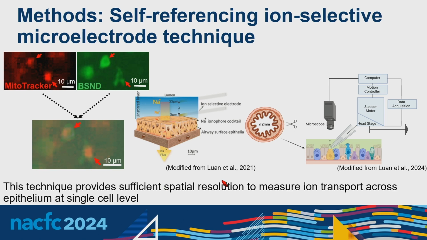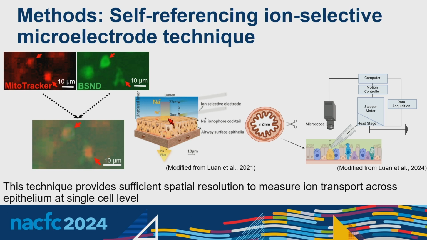The technique we use to directly measure ion transport is called the self-referencing ion selective microelectrode technique, and this graph demonstrates how it works. When an epithelial cell consistently transports ions from one side of the epithelial layer to the other, in this case sodium, it will create a gradient close to that cell.